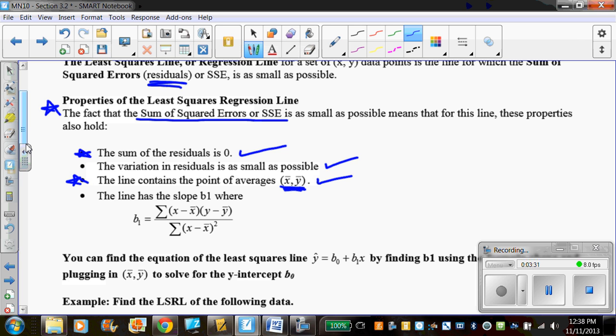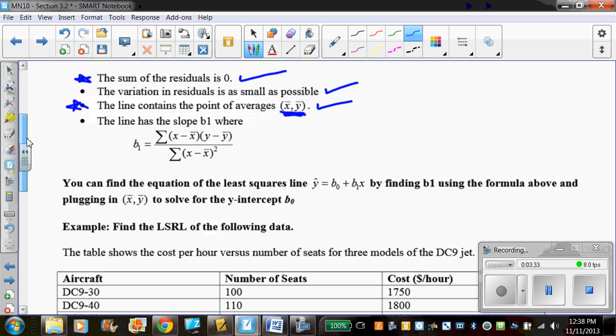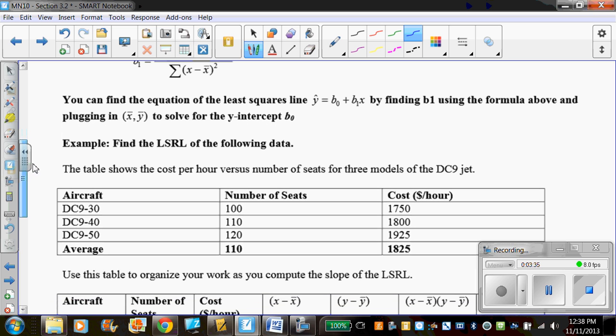And as always, those look very, very scary, but we'll break it down into a table. You can find the equation of the least squares line by finding b sub 1 using the formula above and plugging in x bar, y bar, so the average point, to solve for the y-intercept b sub 0.